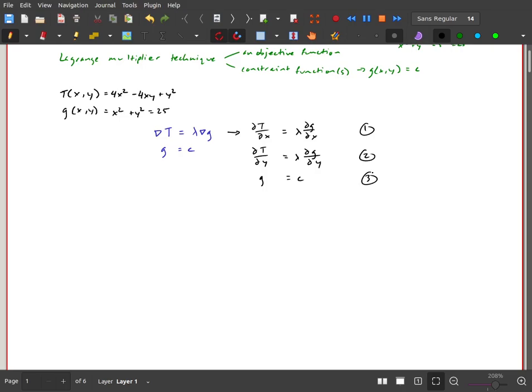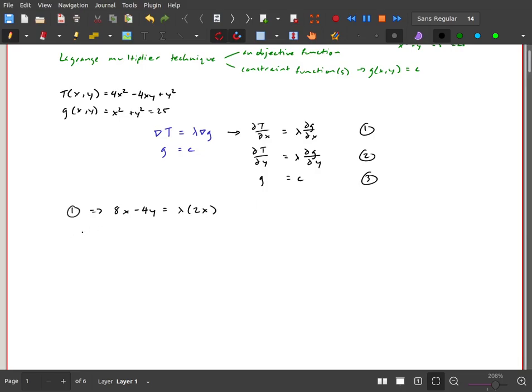So then if we start populating and actually doing the derivatives and forming our equations, I'm going to put that down here. Partial T partial x is equal to 8x minus 4y, and that will be equal to lambda times partial g partial x, which is 2x.